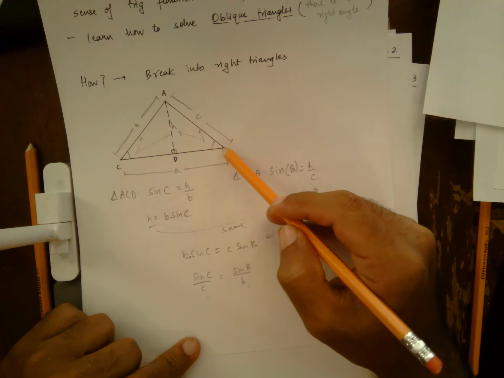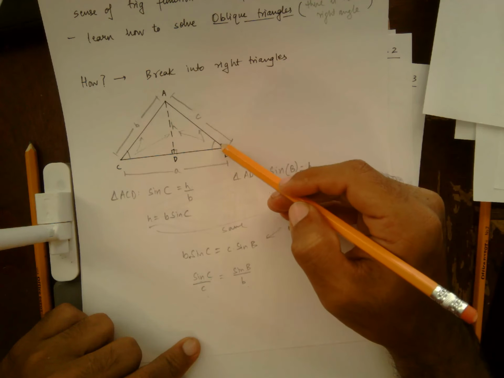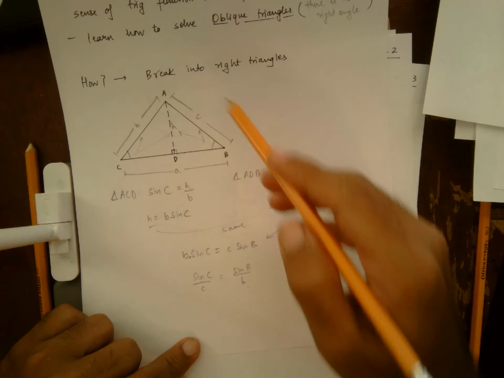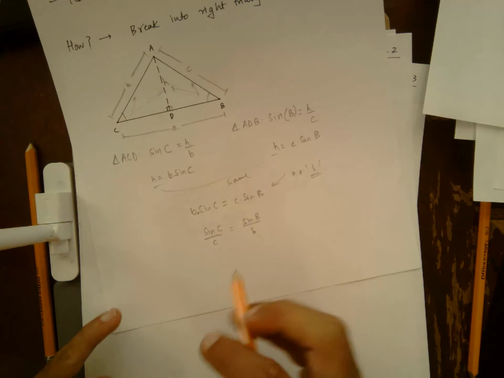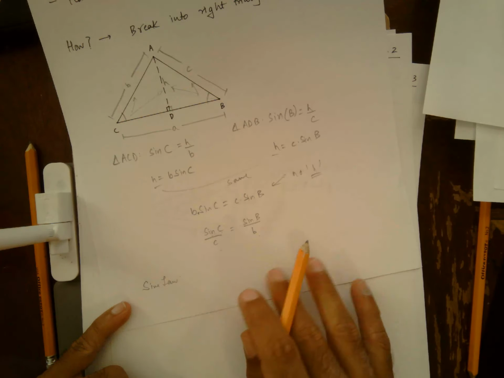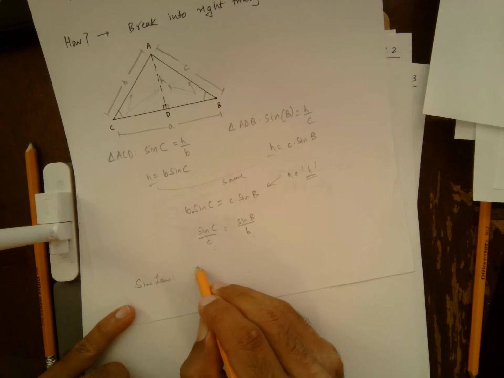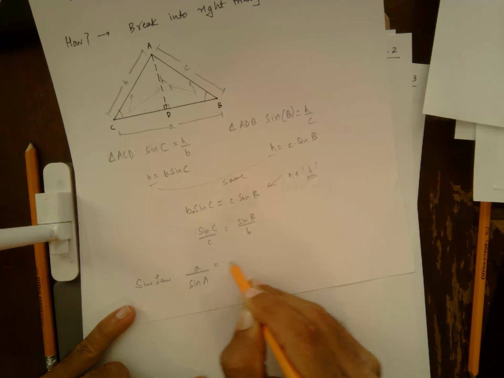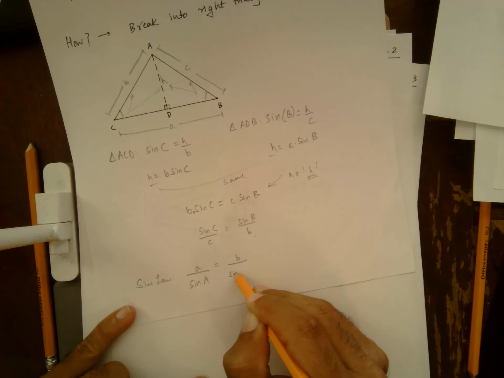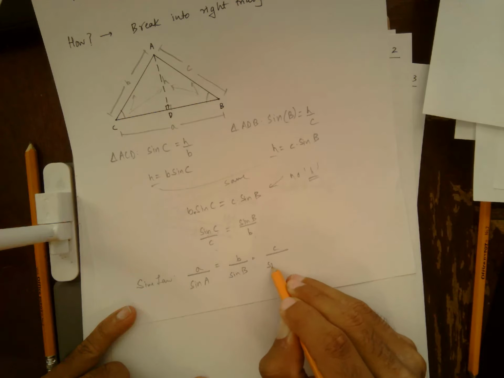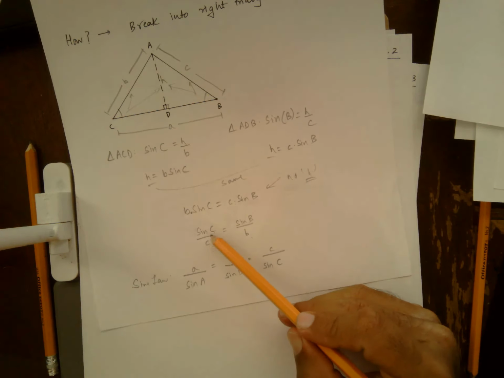And if you construct a different kind of right triangle going from B, you'll end up with a very nice relationship which has a name, called the sine law, which says for any triangle, if you take the side divided by the sine of that angle, it equals the other side divided by the sine of that angle, which equals the third side divided by the sine. So I just flip these ratios, right?